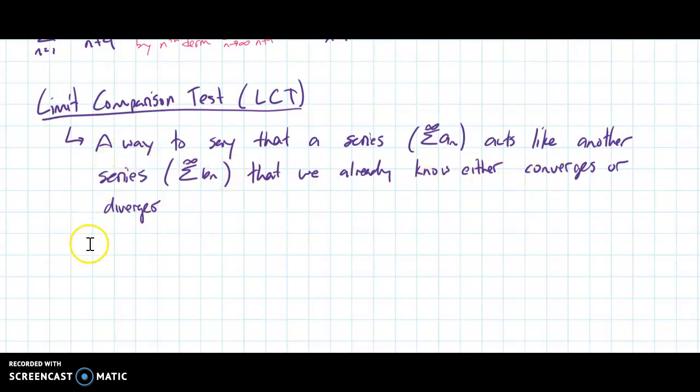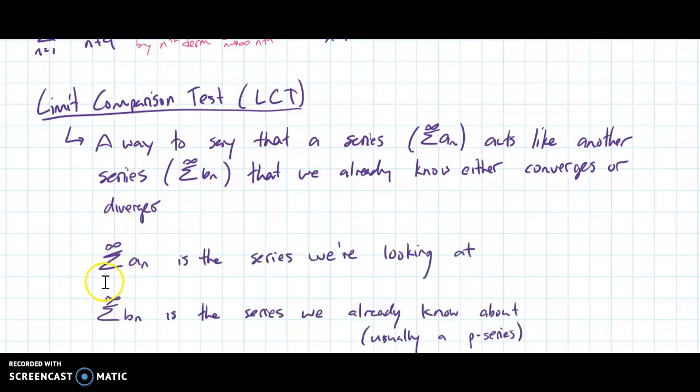So I'm going to spell that out a little bit more. The infinite series sigma to infinity of a sub n is the series that we're looking at, and then the sigma b sub n to infinity is the series that we already know about.